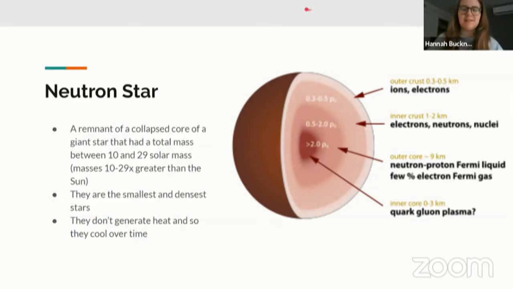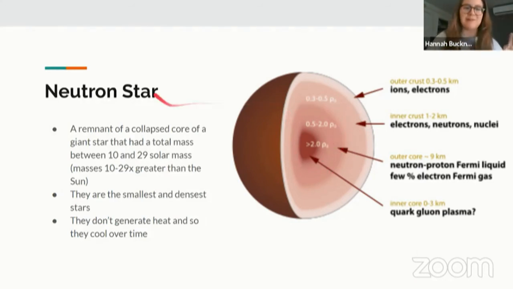I saw this diagram of what a star looks like, and thought it was pretty cool. You don't necessarily need to understand what it is, but it kind of just shows the size of a neutron star. So we actually see that the outside is made up of all of these neutrons and electrons, and it's all ionized. And inside there's this theoretical plasma, and all these numbers that you're seeing have to do with density.